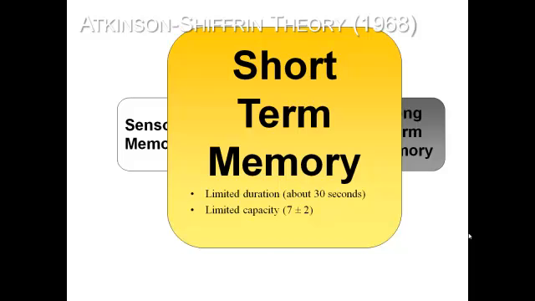But if phone numbers were 20 digits long, there's no way we'd be able to remember it from the phone book to the phone. It's very difficult to remember information if it's that long. It's beyond our capacity. So keep that in mind. There's a limited amount of information that you can effectively store in your short-term memory.